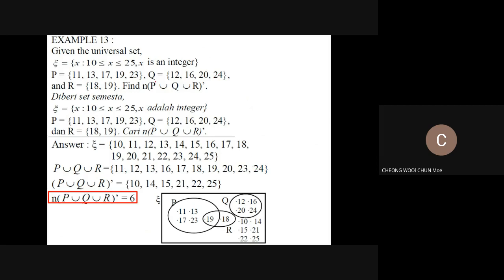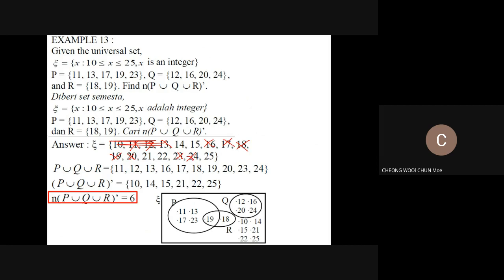Then we want to find the complement. It means everything that is not inside here. Everything inside here, cancel it from the universal set: 11, 12, 13, 16, 17, 18, 19, 20, 23, 24.